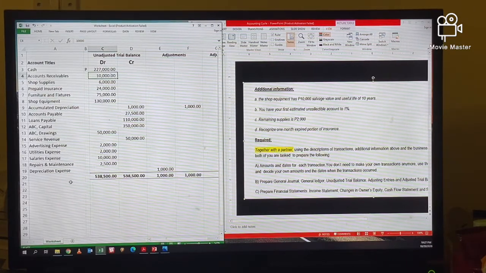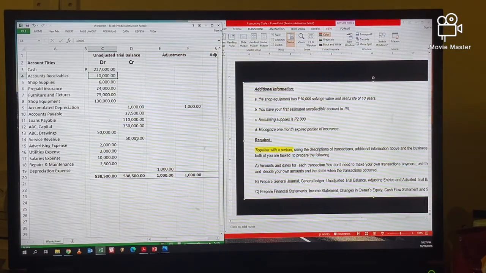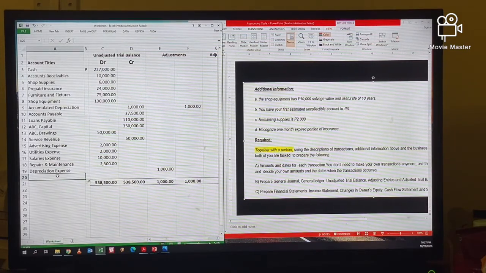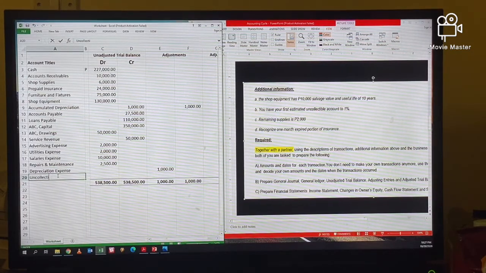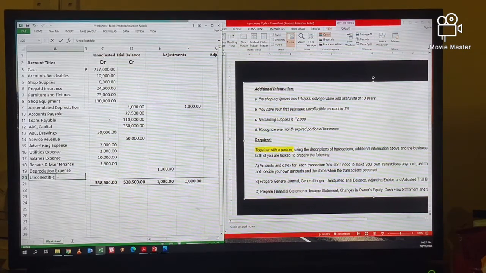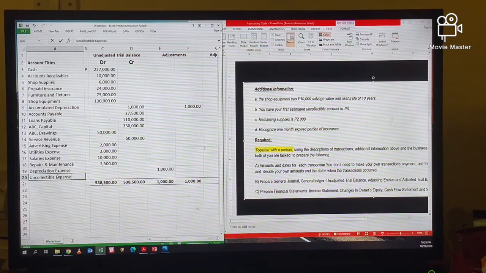Okay? So, ang adjusting entry for recognizing uncollectible accounts or bad debts is debit uncollectible accounts expense or bad debts expense and credit allowance for doubtful accounts.